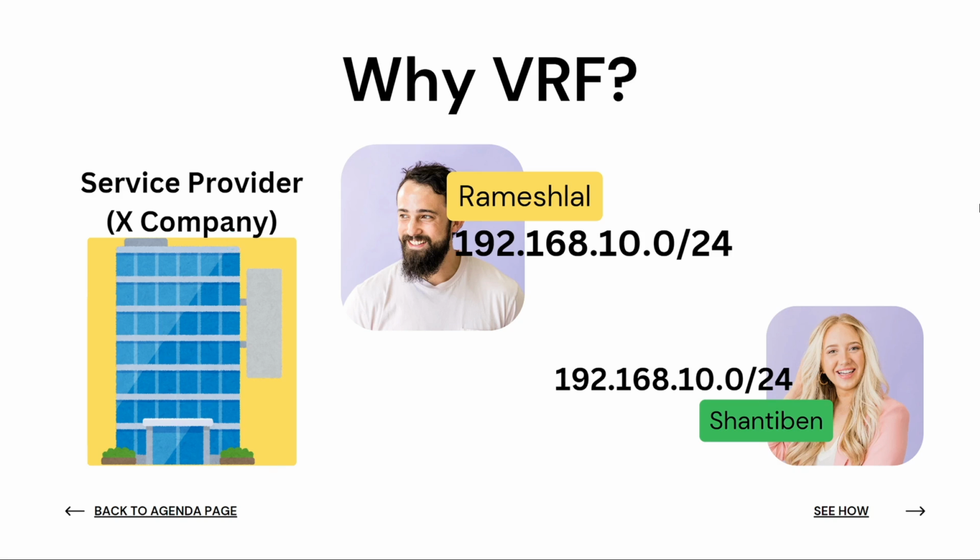Internally, before going to the service provider, Ramesh Lal's side is using the 192.168.10.0/24 addressing scheme at their location. The problem is that Shanti Ben also uses the same network, 192.168.10.0/24. So in that case, what is the scenario? Let's see that.